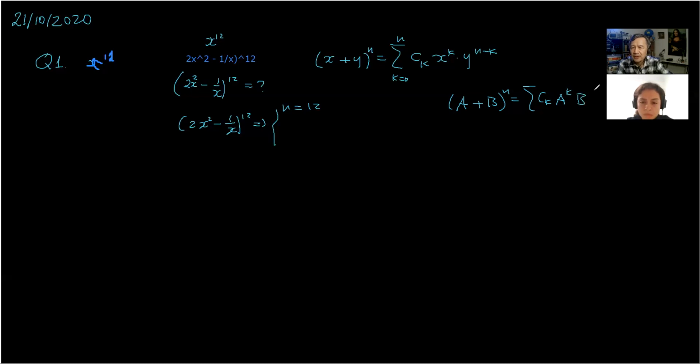This algebra is okay because you can rewrite that with any letters. So compared with that, what is our a here? What is our b? That would be the hint for you to solve this puzzle.